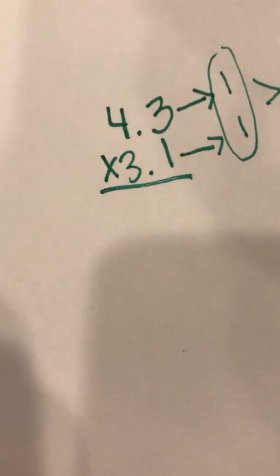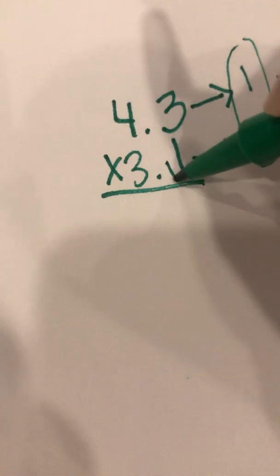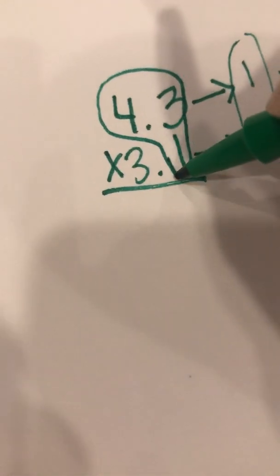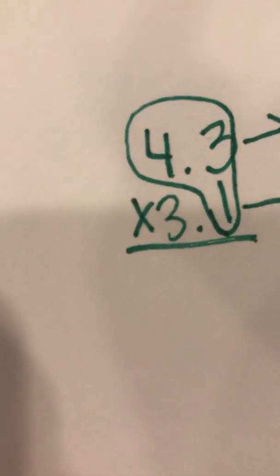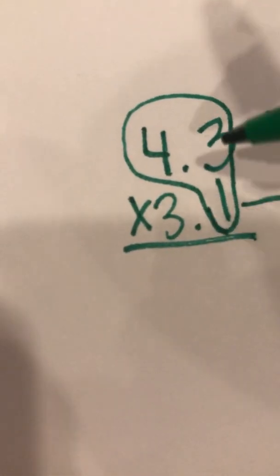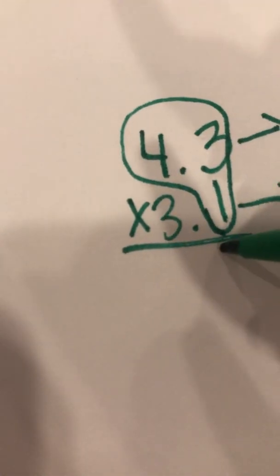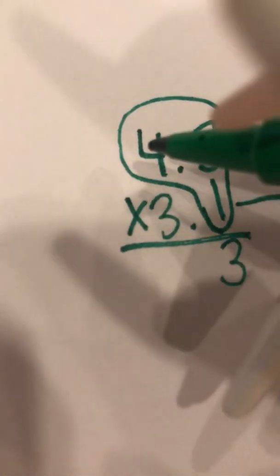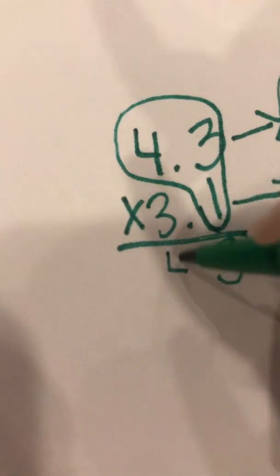All right, step 3 is to go ahead and multiply. Since this is 2-digit numbers, I know that I'm really doing 2 multiplication problems. So this is my first multiplication problem that I just set up. Now I'm going to do 1 times 3, which is 3. 1 multiplied by 4, which is 4.